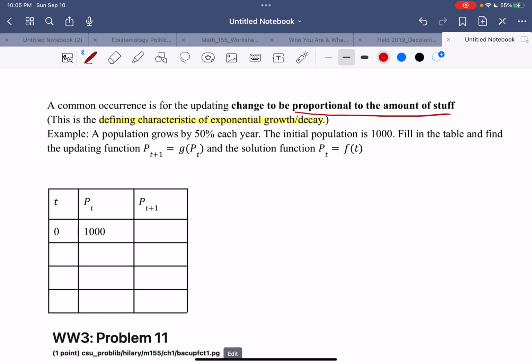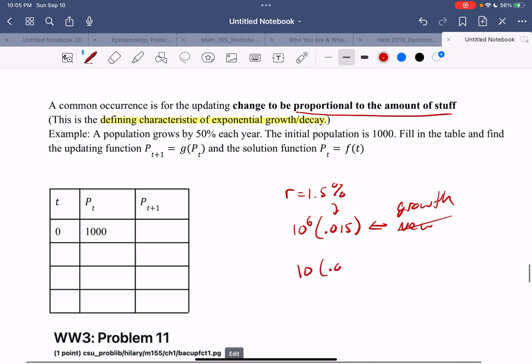Like if a population grows at a rate of 1.5%, then if you have 1 million people, 10 to the 6, the amount of new people you expect is 0.015 times that. This is how many new people. So this is the growth. This is how much new stuff you got. But if you only had 10 people, then the amount of new people you expect is less than one person, right? Because this is only 0.15.